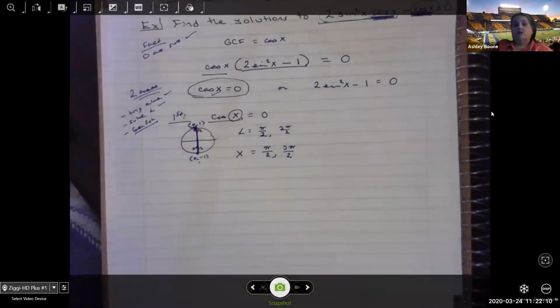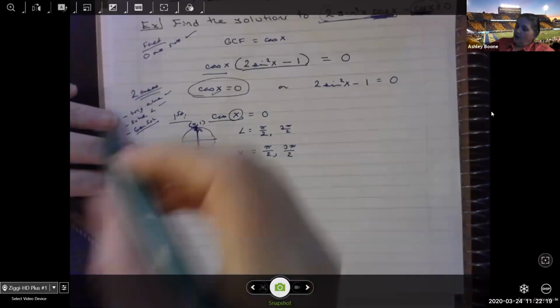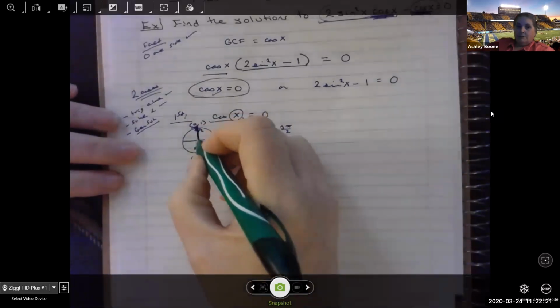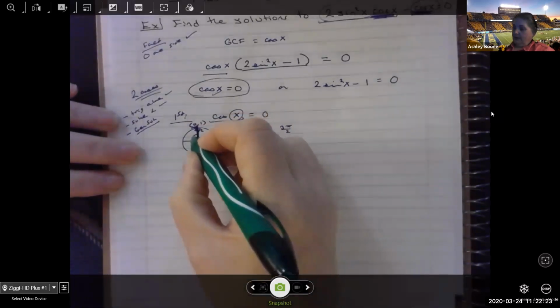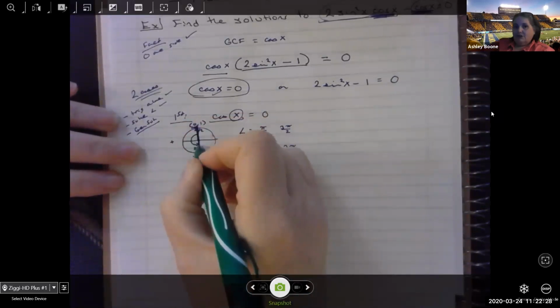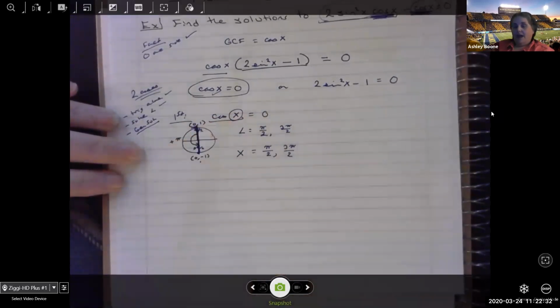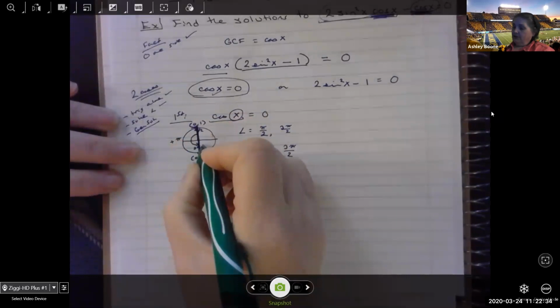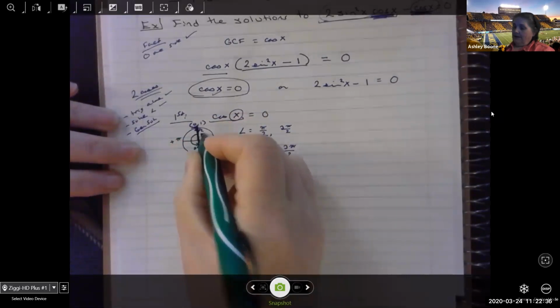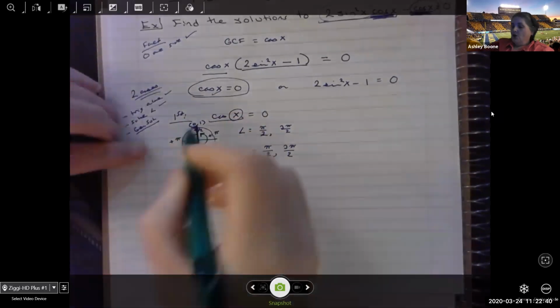Now we need our general solution, which is something that we were looking at where we look at revolutions. Notice something special about these. From pi over 2 up to 3 pi over 2, that's an increase of half of a circle or half of a rotation. That's an increase of pi. And if I go from 3 pi over 2 back up here, that's an increase of half of a circle or a revolution, pi.